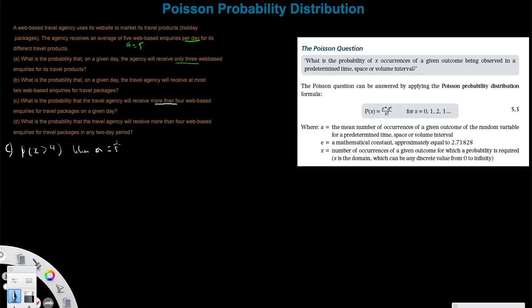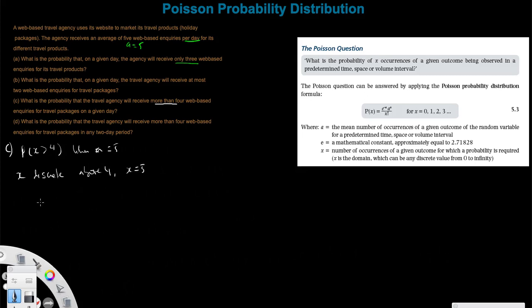Now we have a little bit of a problem, because X is a discrete number, so when they say above 4, like more than 4, above 4 means X is equal to 5, right?